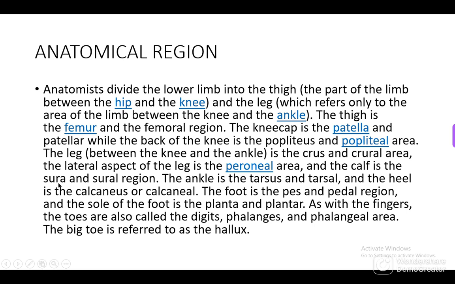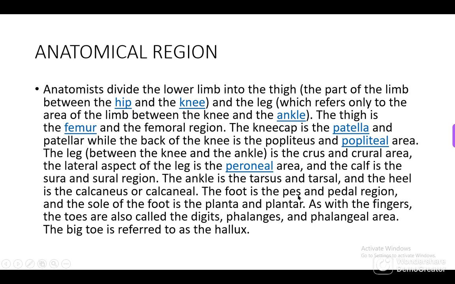The area where these muscles are is called the sural region. And the calf muscles play a very important part in human physiology also. The ankle is the tarsus, and tarsal, and the heel is the calcaneus or calcaneal area. The whole foot is pes, as in pes cavus.